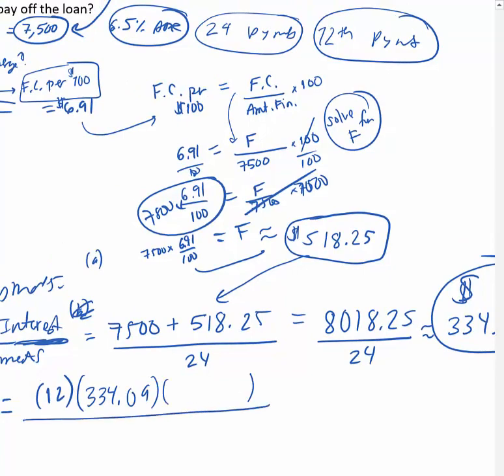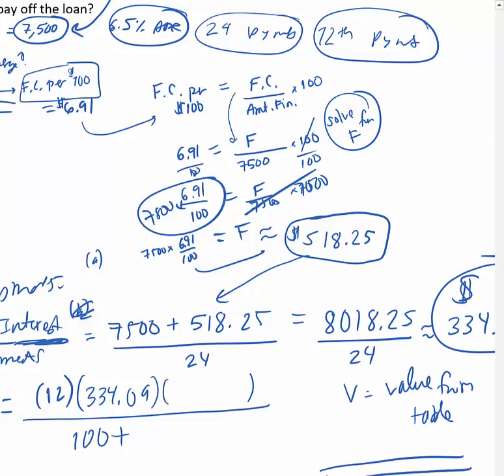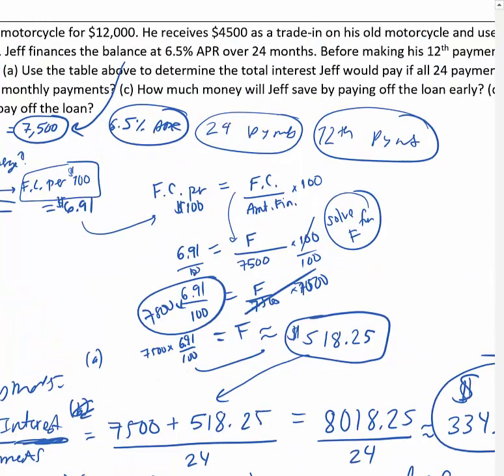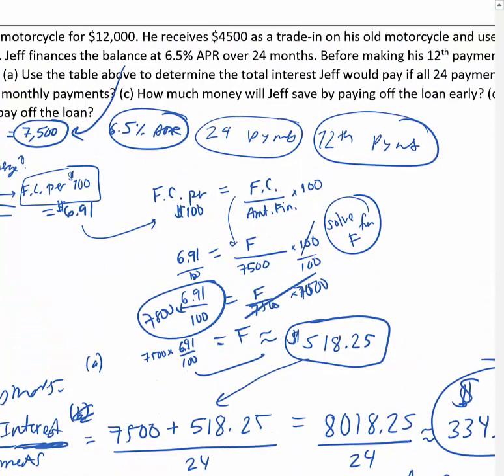Okay, and then the V, we remember that was the harder one to find in the last problem. V is the value from the table. The table that corresponds to how many payments are left over after he pays it off. There should be 12 left, because there were 24 months minus the 12 that he made payments in because he paid it off early. And then what was our APR again? 6.5. I'm going to find this amount here.